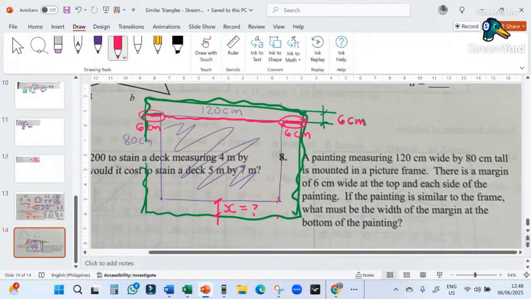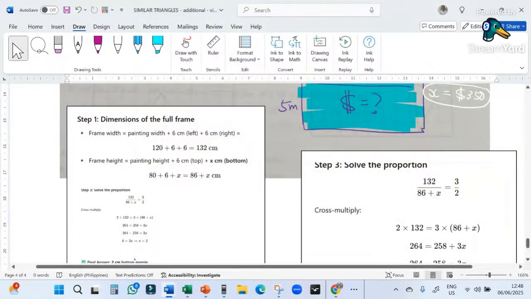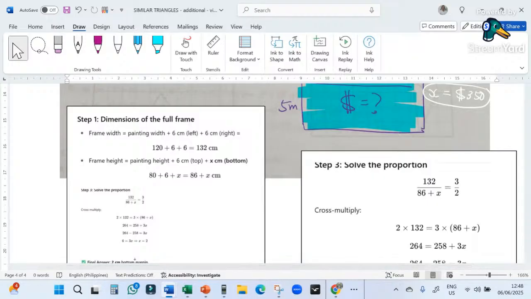Okay? 80, that's 80 plus 6 plus we do not know the height at the bottom. Okay. That's why it's like that. Okay. 86 plus x, and here is 132. 120 plus 6 plus 6, and 80 plus x.